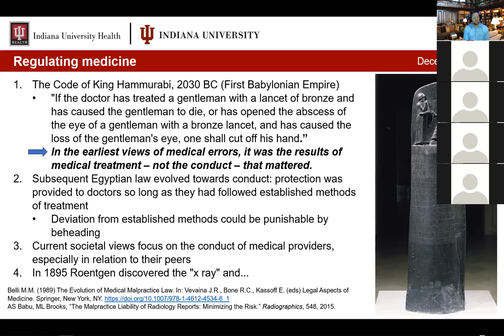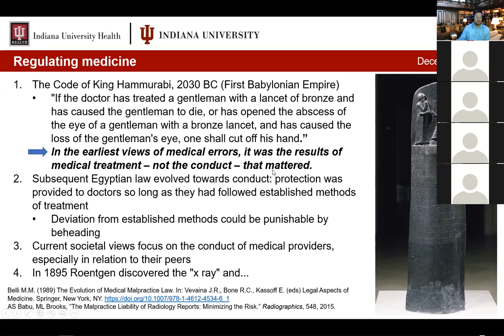But there's one important difference from how this code and the initial views of malpractice began and how things are now. And that is, in the earliest views of medical errors, it was the results, i.e. what happened to the patient, not the conduct that mattered.